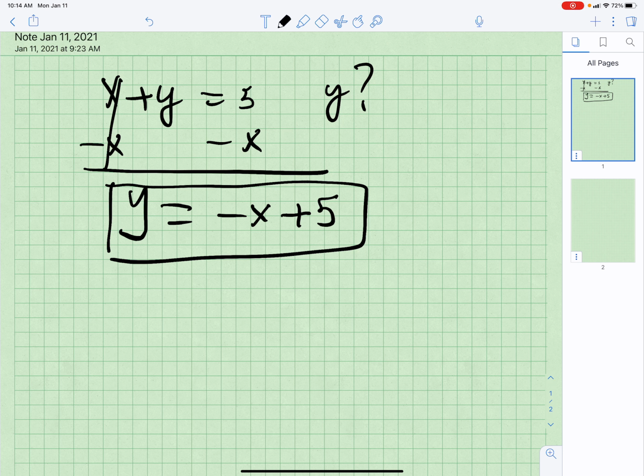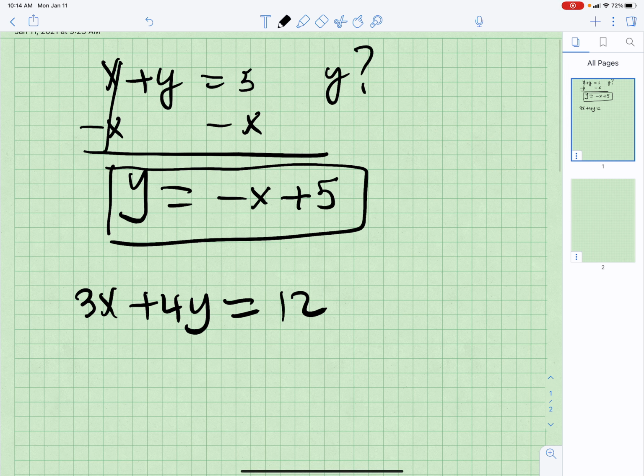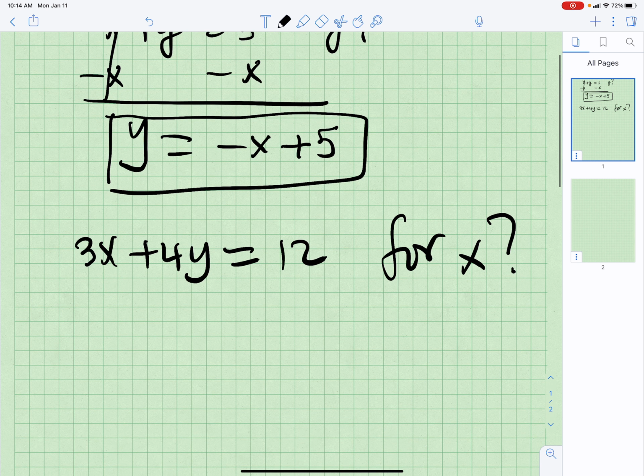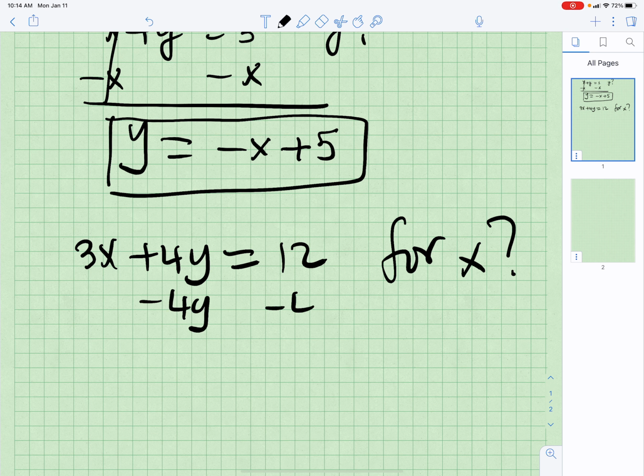So let's say we have 3x plus 4y equals 12, right? And again, I want to solve the equation for x. This time I want to solve for x. So which means I want to find the value of x if 3x plus 4y equals 12. Again, we need to isolate x. So minus 4y on both sides. Cancel.